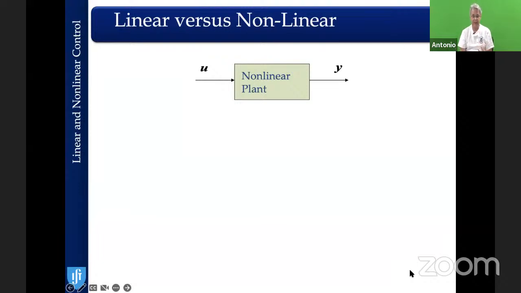For example, remember that yesterday when I wrote down the model, there were terms that involve squares, things that have to do with drag and stuff like that. There were cross terms involving linear velocities and rotational velocities. So these are nonlinear models, okay? And they are considerably more difficult to control than linear models.